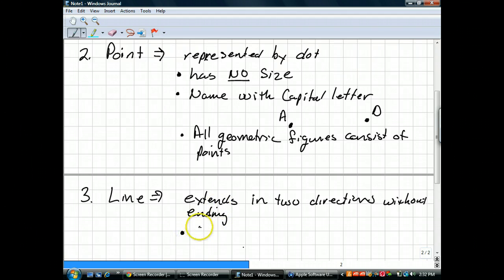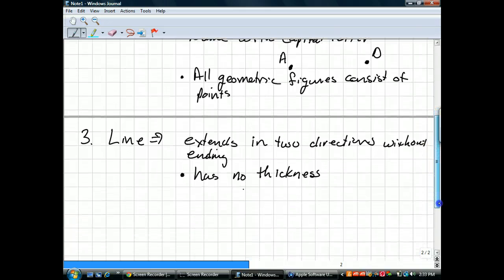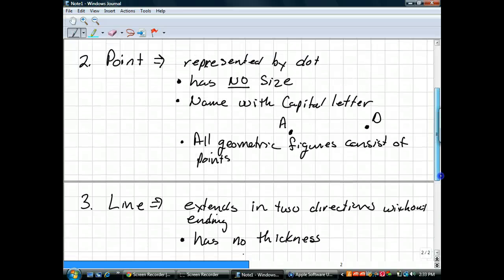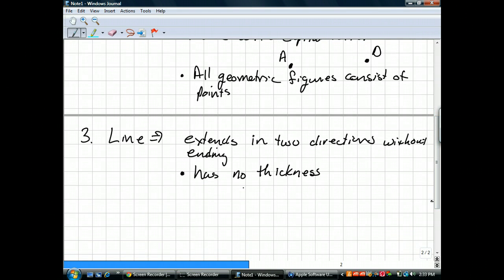A key idea is it has no thickness. Because a line is made up of infinite points and a point has no size, then a line has no thickness. Also, a line cannot be measured because it goes on forever and ever.